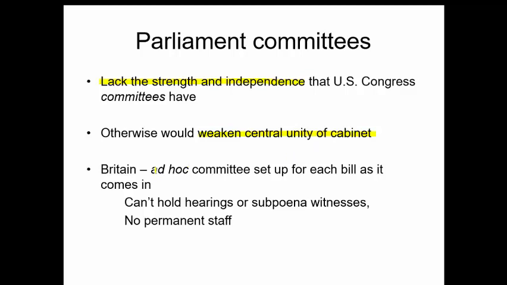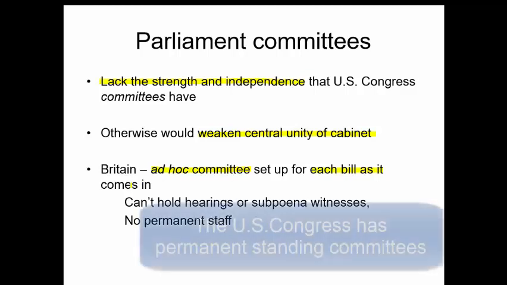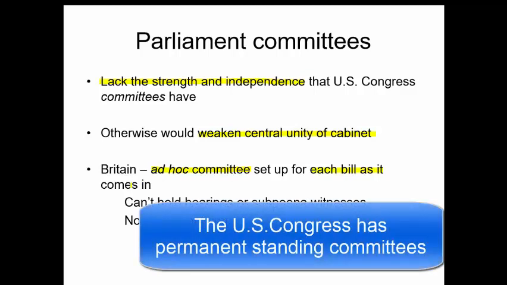In Britain, these committees are typically ad hoc committees that are set up temporarily for each bill as it comes in. So they're not permanent standing committees like we have in the United States. These are put together, and they're not put together in every case.